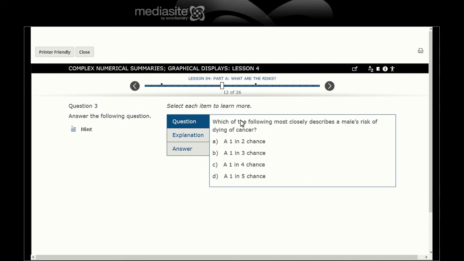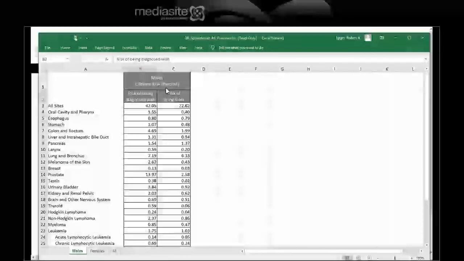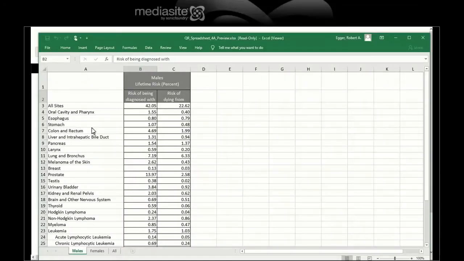So let's see, we just did it before, previous section. Figure it was 1 in 2. Oh, gotta read the question. Which most closely describes male's risk of dying of cancer? Well, what was that percentage of dying of cancer? It was 22.62.